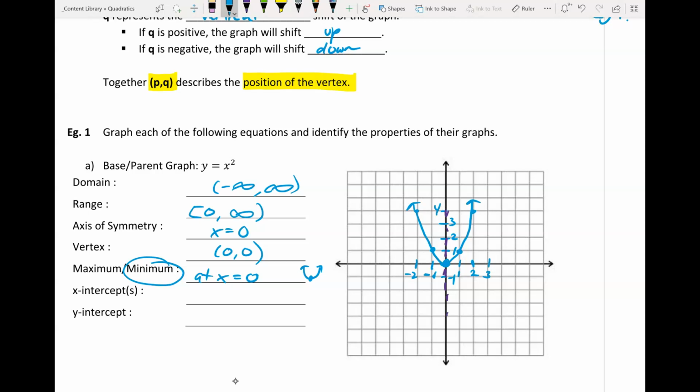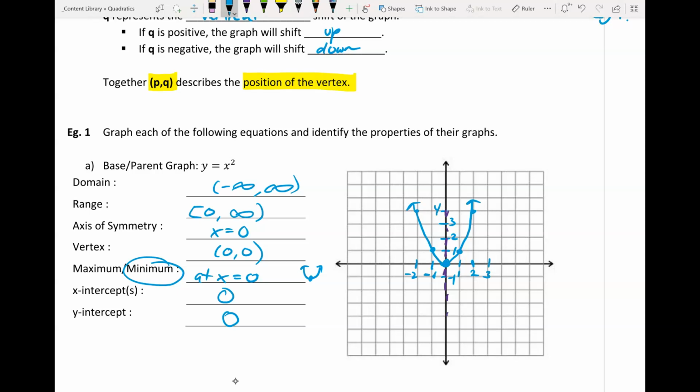Your x-intercept is at 0, which is where your vertex is, and your y-intercept is also at 0. So your graph touches the x-axis at x equals 0, and touches the y-axis at y equals 0. So that is our parent function.